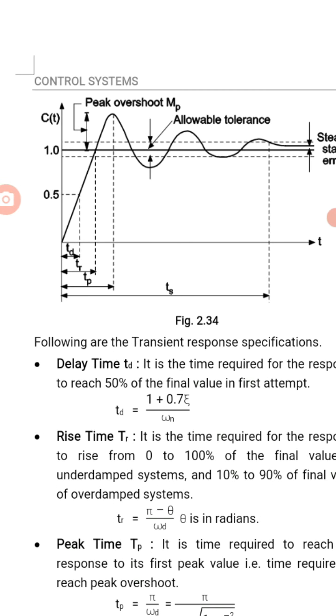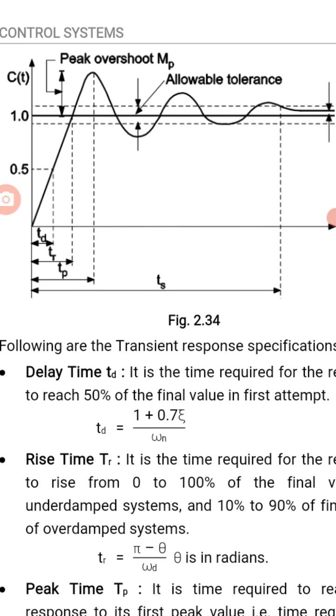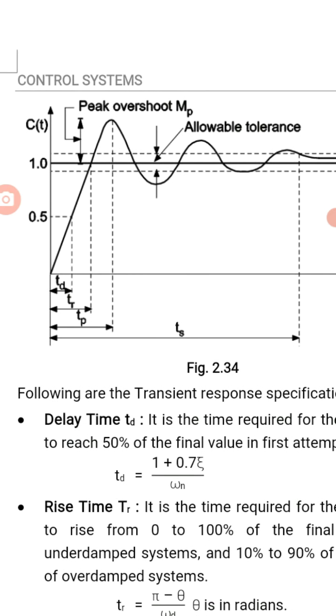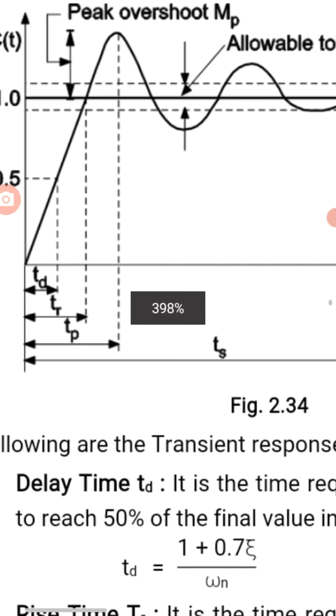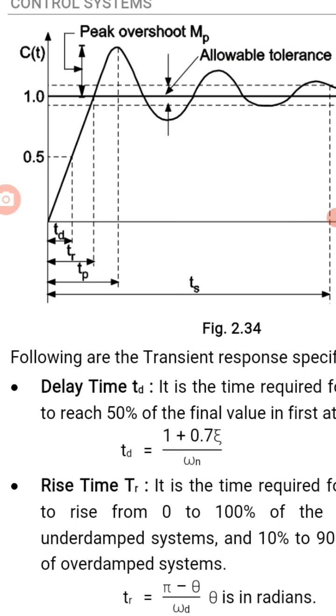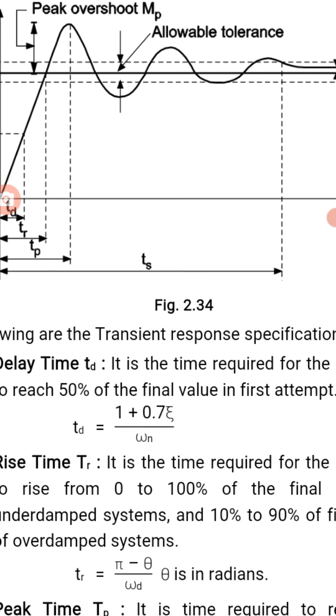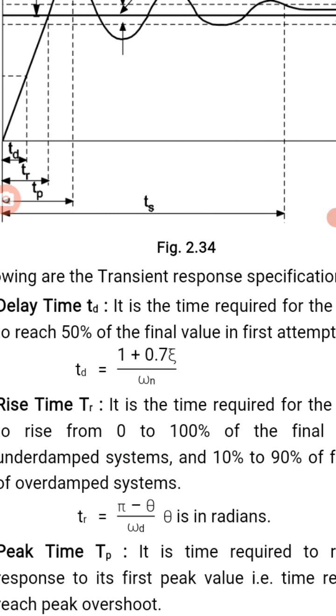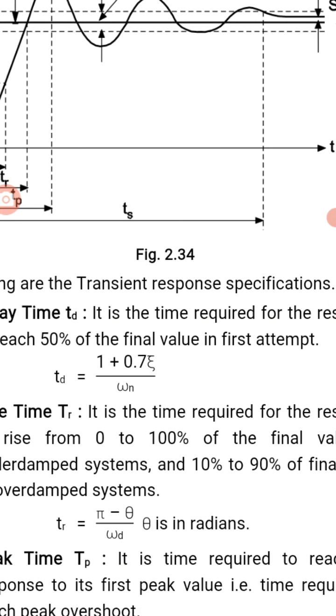Now with reference to this figure 2.34, there are some definitions that we will learn. Delay time td: here in this case td is given as the first point, 0 to 0.5. If the input is 1, then with reference to the input 1, 0.5 is 50%, right? Delay time is the time required for the response to reach 50% of the final value in the first attempt.